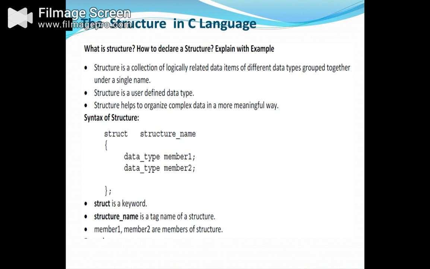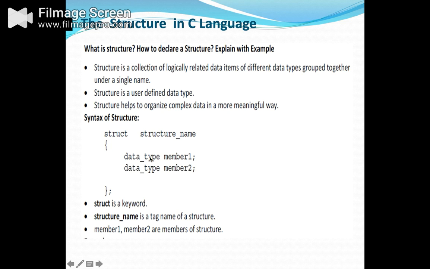A structure is a collection of logically related data items of different data types grouped together under a single name. This means a structure can be created with a collection of logically related data items.